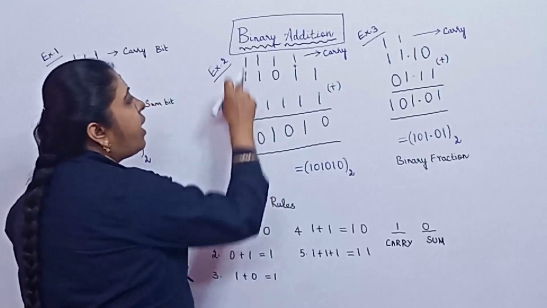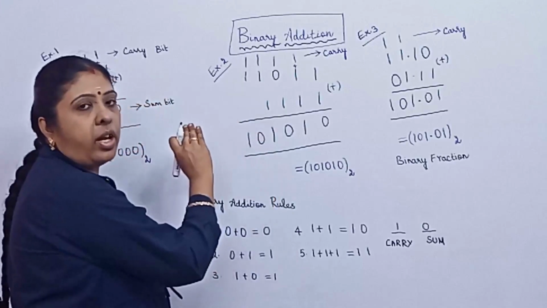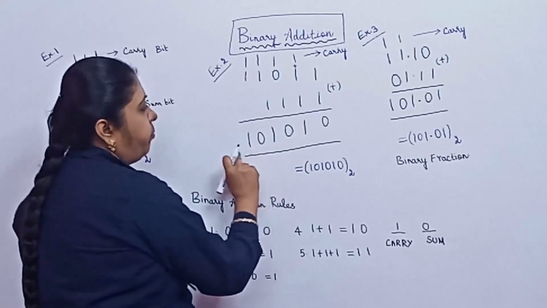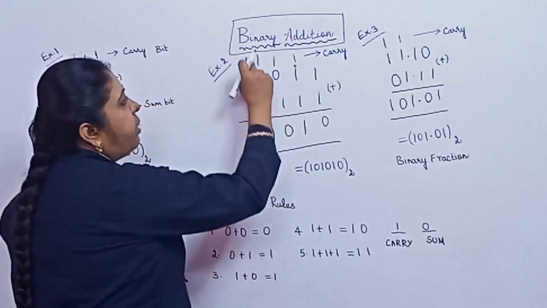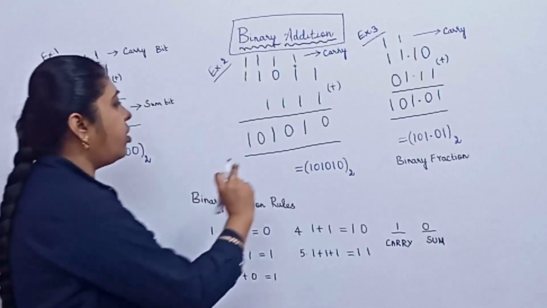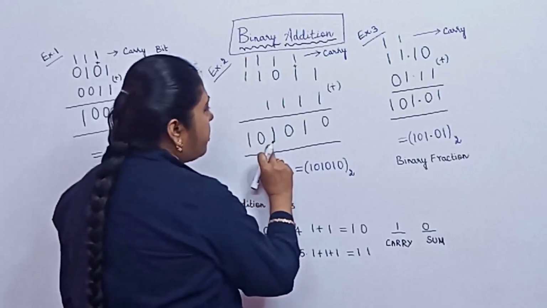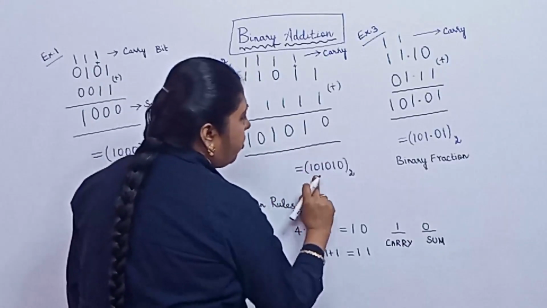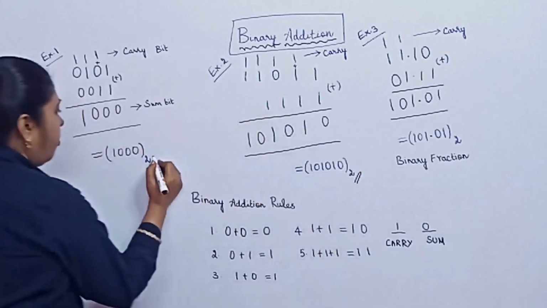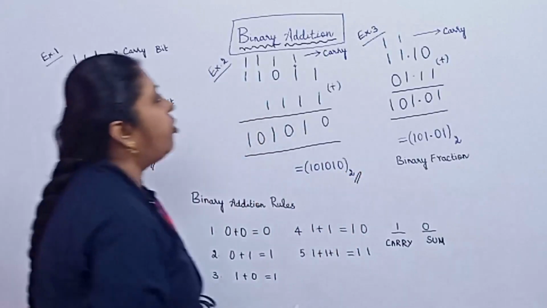Since it is the last bit, there is no carry over or leftover here, so 1 0 is directly written. So the final value is 1 0 1 0 1 0.